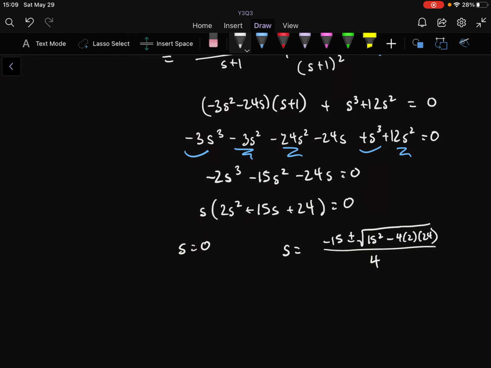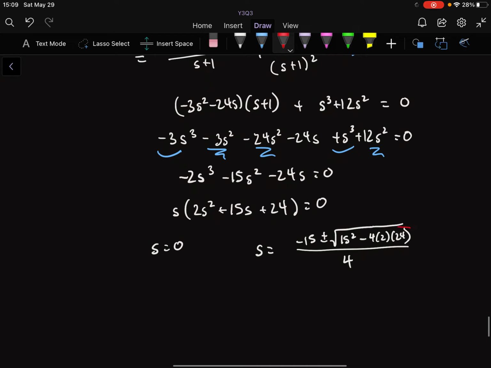So if we check the term under the square root, 15 squared minus 4 times 2 times 24, you'll get 33. So we're going to end up with a real number here.